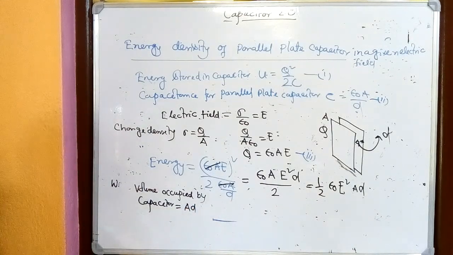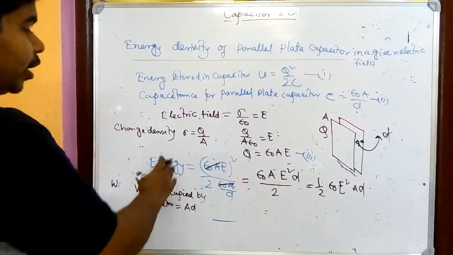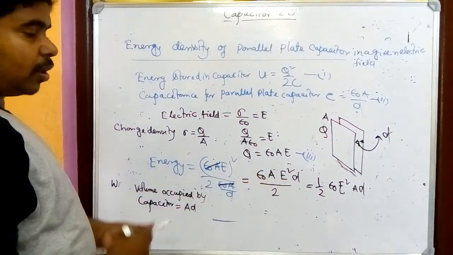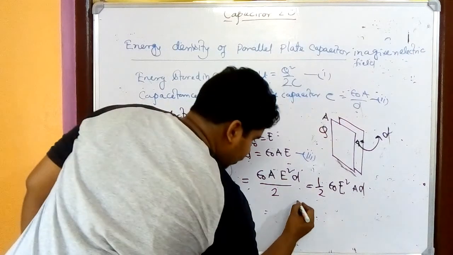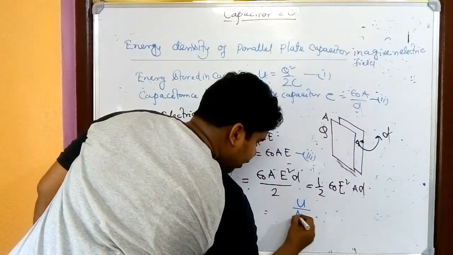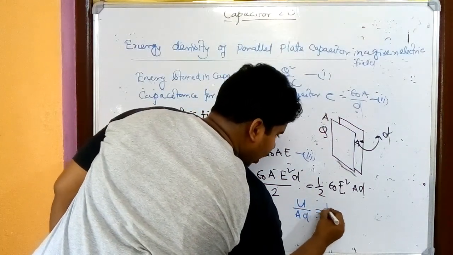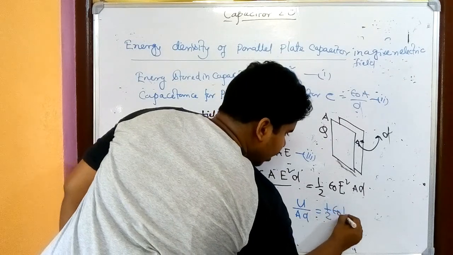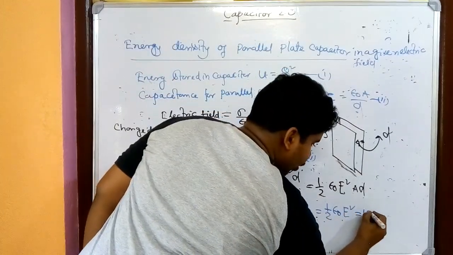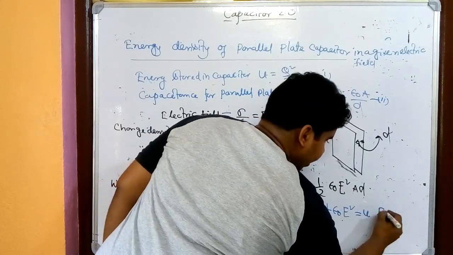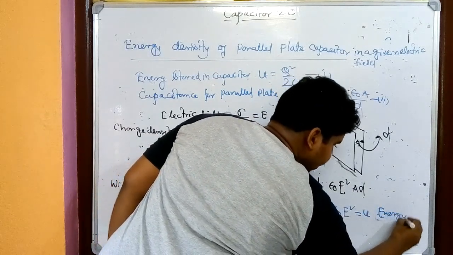Here we are finding energy density. Energy density means energy per unit volume. So U equals half epsilon naught E squared AD. We can write U by AD is equal to half of epsilon naught E square, and that is small u, and that is energy density.